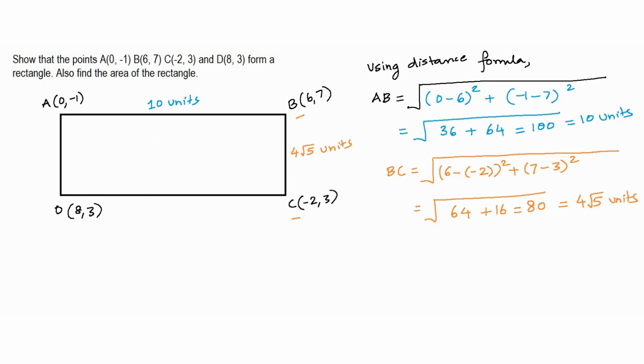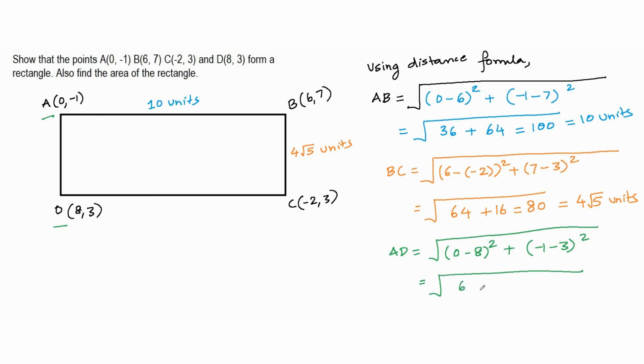Similarly, let's find the length of AD. So AD is therefore going to be under root of, now to find AD, we will have to take coordinates of A and D. So let us take up the coordinates of A and D. So this would be under root of 0 minus 8 the whole square plus negative 1 negative 3 the whole square, and that is equal to under root of negative 8 square is 64 plus negative 4 square is 16, and that is root 80, and root 80 is 4 root 5 units, right?